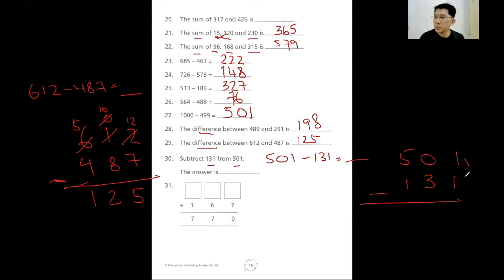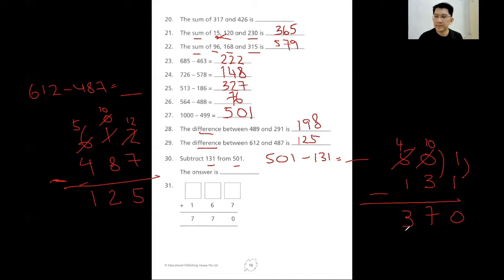So 1 minus 1, that is 0. 0 minus 3 is impossible. I need to borrow 1 from 5, leaving only 4 there. And 0 gets 10. 0 plus 10 is 10. 10 minus 3 is 7. And 4 minus 1 is 3.